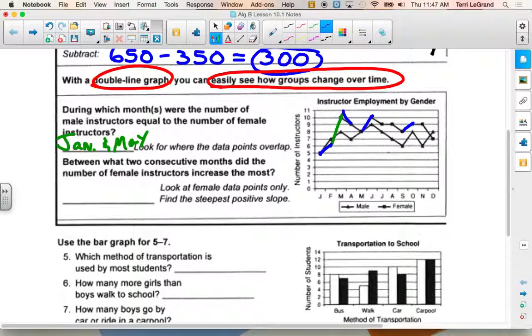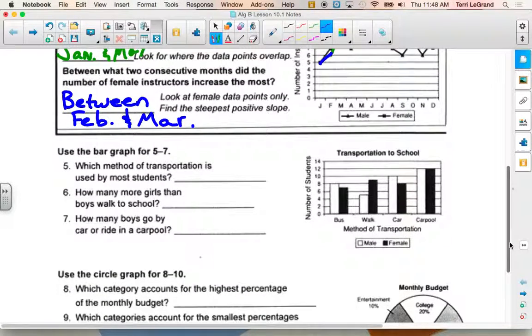No. And we don't have any other increases, so we're gonna have to go with between February and March, right? We decided? After February, the first M is for March. Okay, so from February to March.